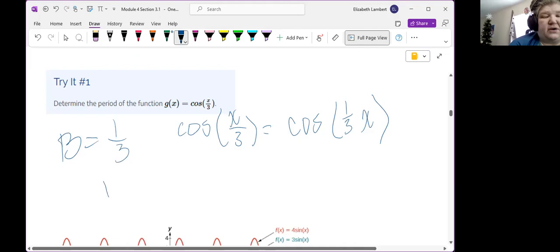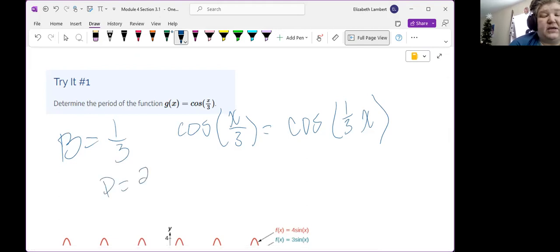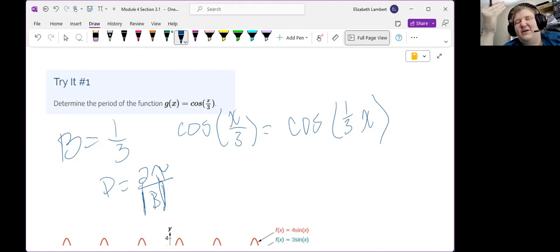And then our period is 2 pi over the absolute value of b, because if we get a negative on the b, it means something a little bit different. It means a reflection, but we just want the size of the b value.